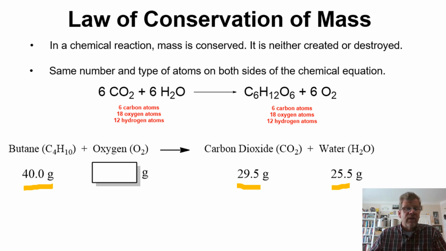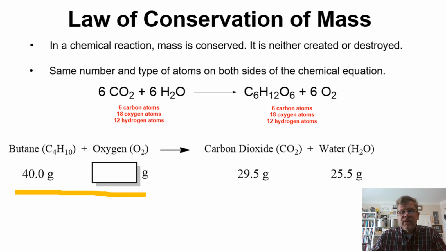And really the question is, if we have these masses going on, how many grams of oxygen are we going to require theoretically? And since the law of conservation of mass states that matter is neither created nor destroyed, the total mass on one side must equal the total mass on the other, reactants to products.